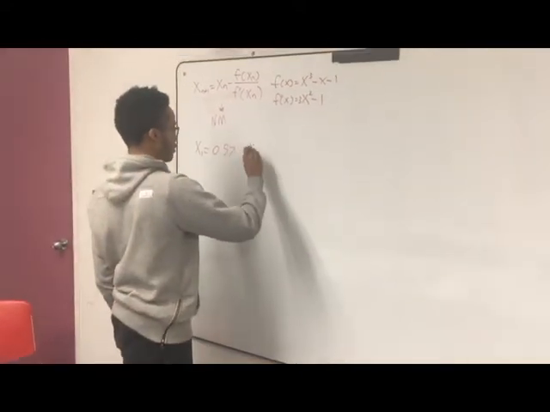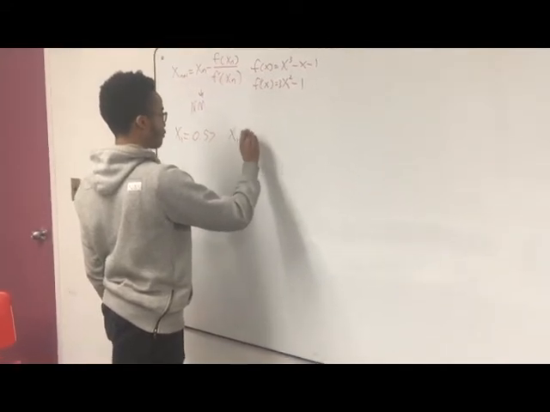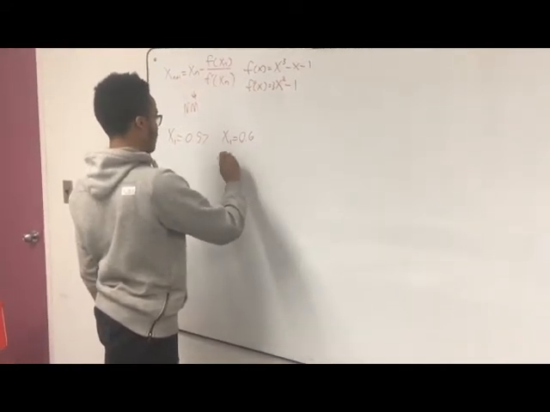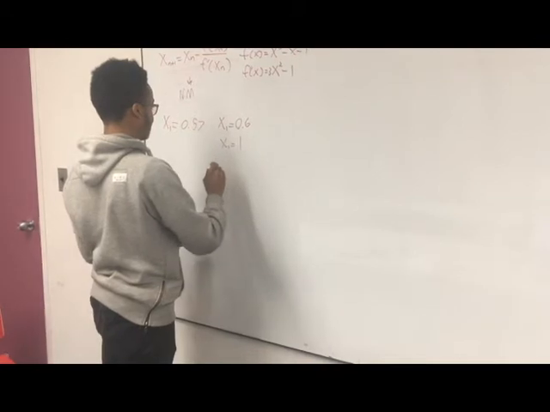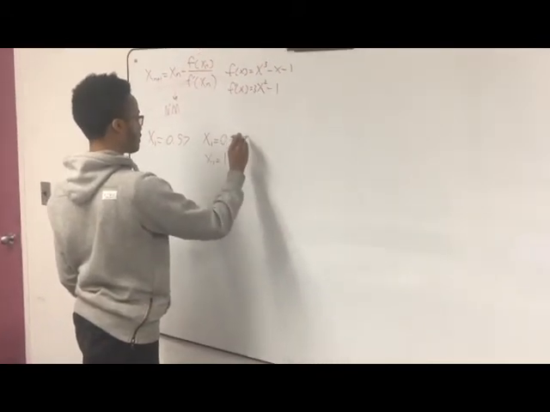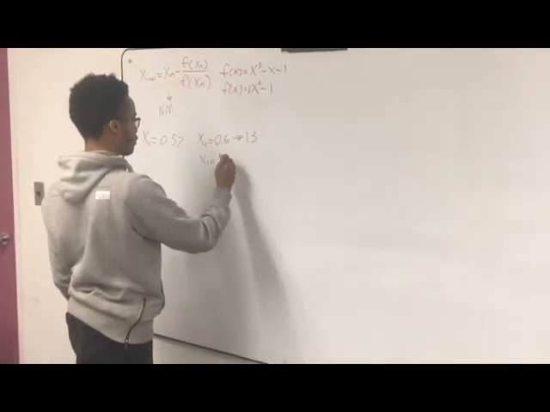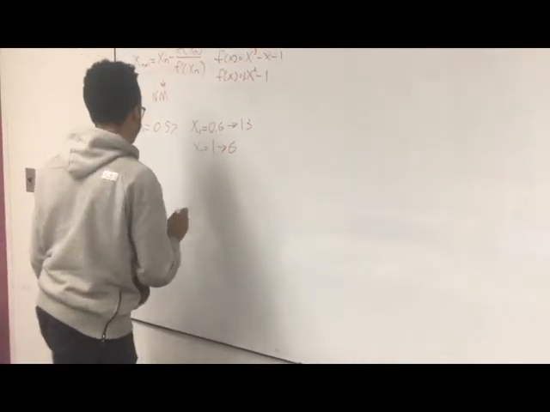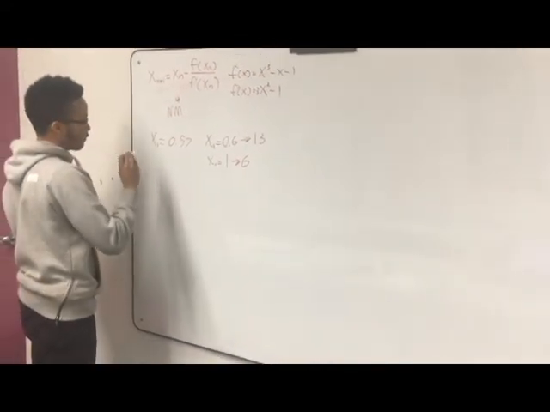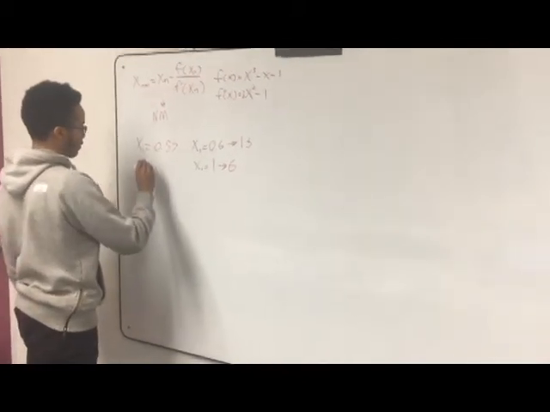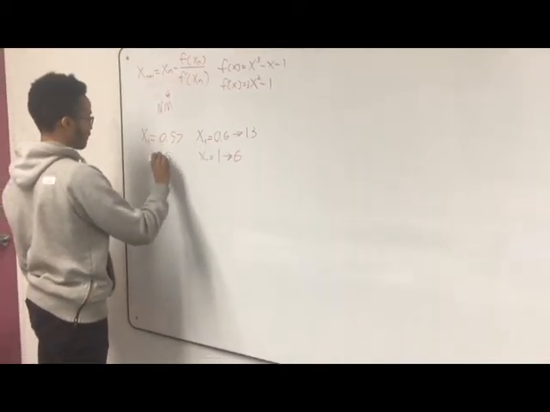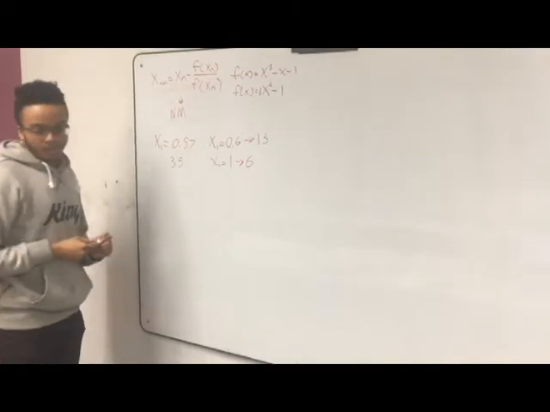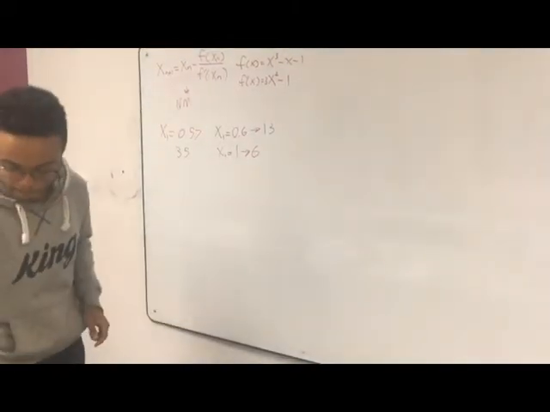So as opposed to x sub 1 of 0.6 and x sub 1 of 1, this takes about 13 iterations, while this takes up about 6. X sub 1 of 0.57, however, totals out to 35 iterations before we hit our 8 repeating decimals.